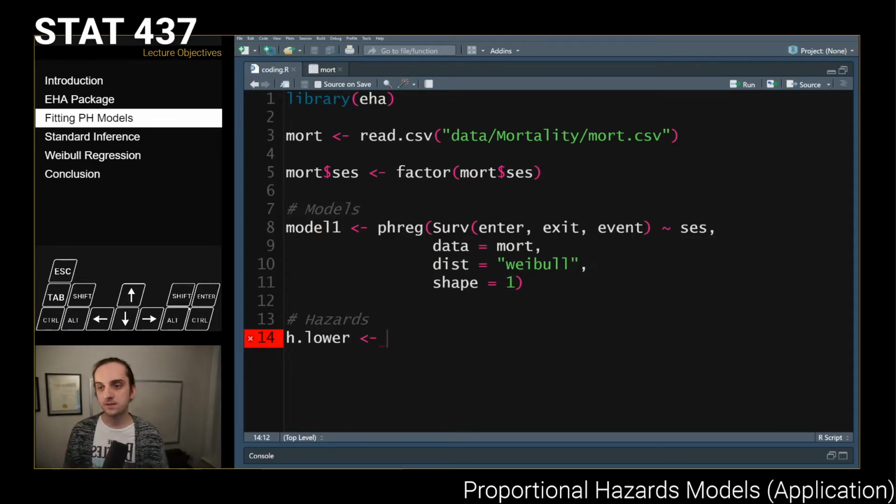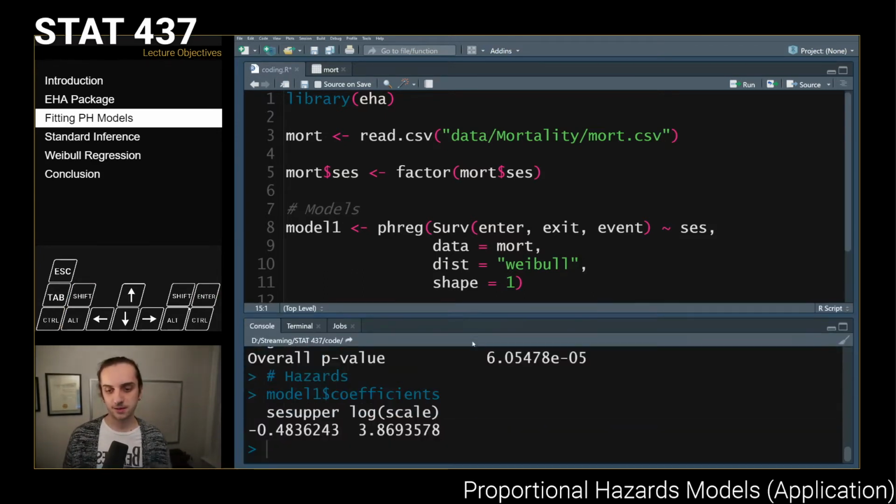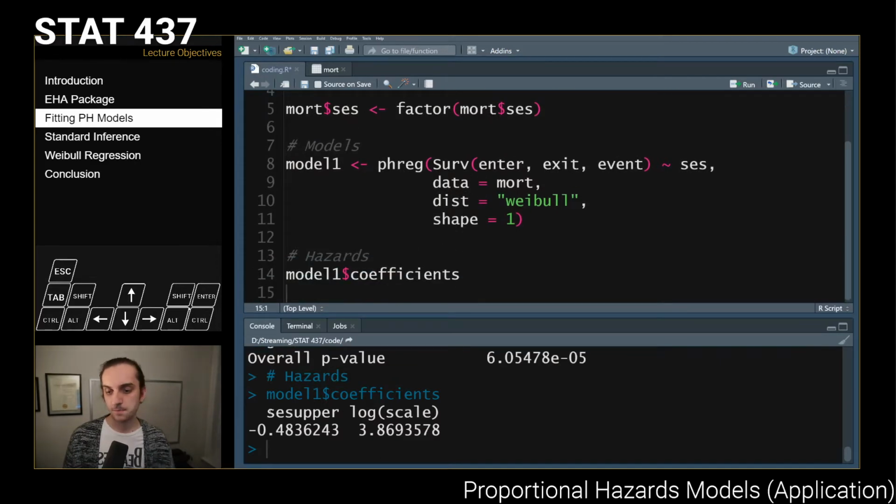There's a couple of different ways of doing this, but the first way to note is that if we take a look at model 1, and I'll do this before assigning it to a variable, if I take a look at model 1 coefficients, you can see that the first one is this socioeconomic status upper variable, and the second one is this log scale.